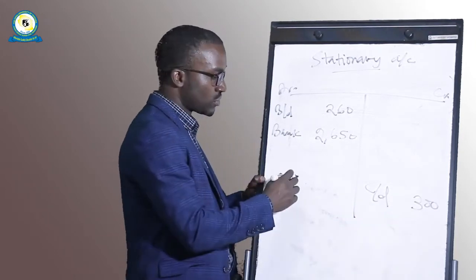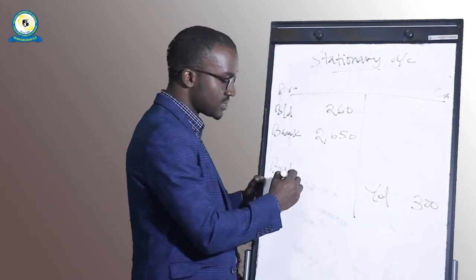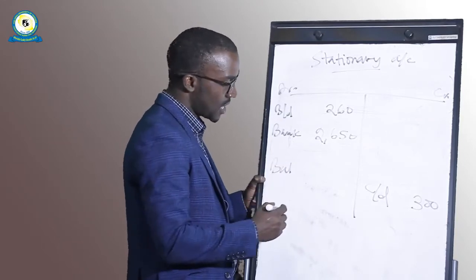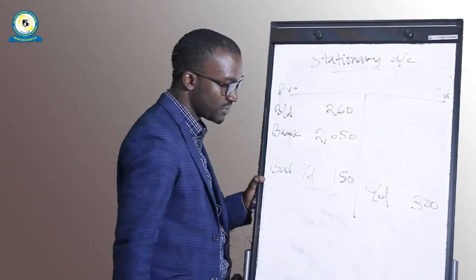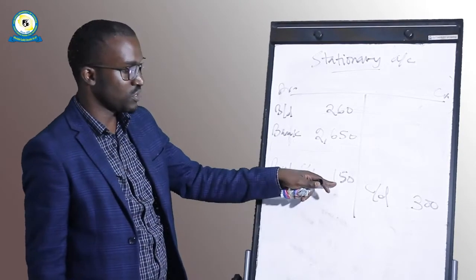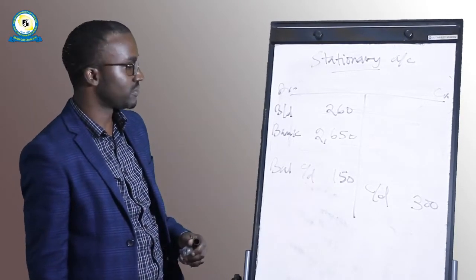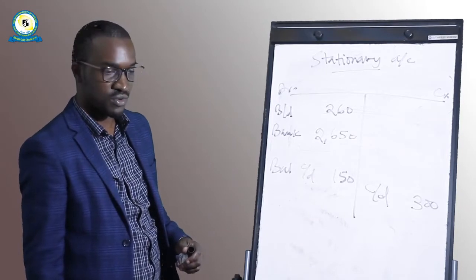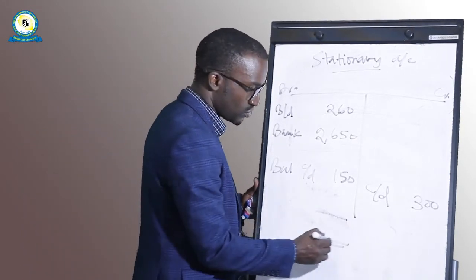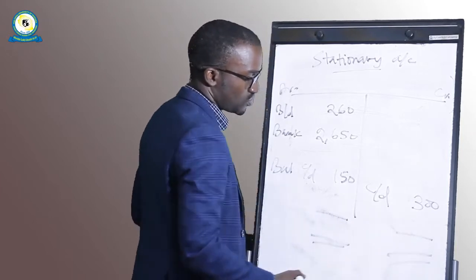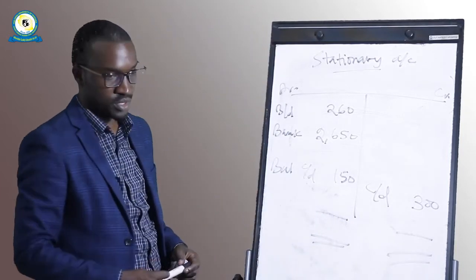But also there was still an outstanding invoice of 150, which is an invoice that was not paid. Okay, outstanding invoice of 150. So let us see which amount goes to the P&L. Okay.